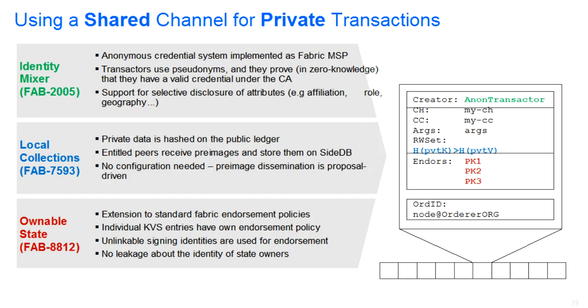The ownable state is defined by the organization, not by the peers. So that implies that if you use HSM also for the endorsement, the private key somehow gets from the transient store of a peer to the HSM, right?